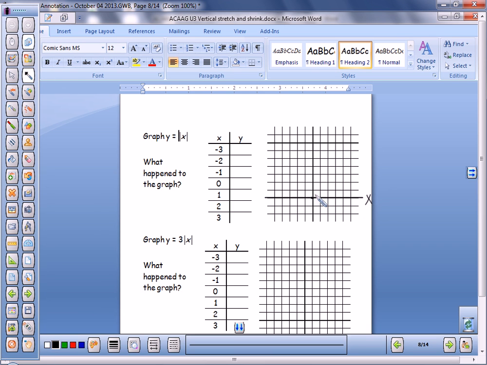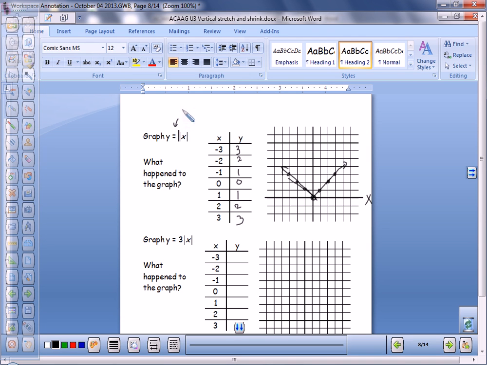I just want us to be able to see this parent graph clearly on this one. This is the absolute value that we've graphed several times. And it looks like the V. And we get that from taking the absolute value of these numbers. And so I have changed this problem slightly, so delete the negative.